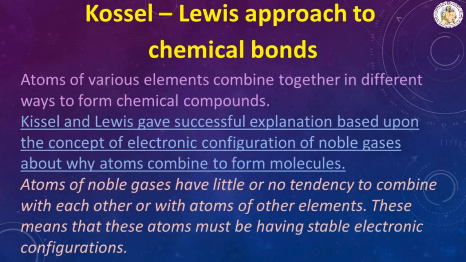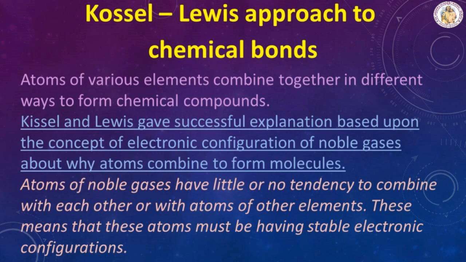Kossel-Lewis approach to chemical bonds. Atoms of various elements combine together in different ways to form chemical compounds. Kossel and Lewis gave a successful explanation based upon the concept of electronic configuration of noble gases. Here noble gases means helium, neon, argon, krypton, xenon and radon.